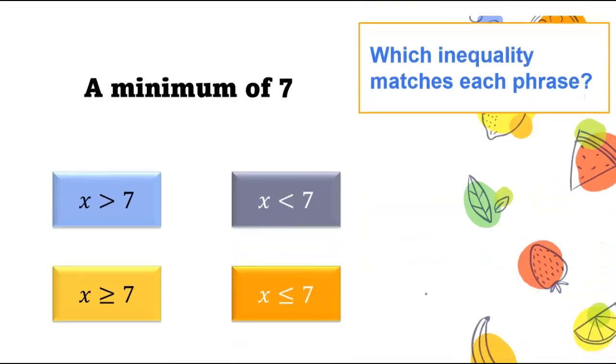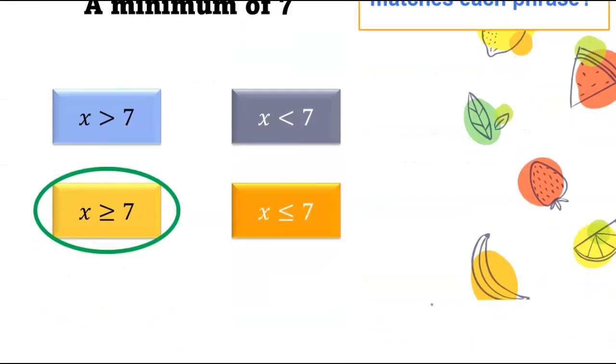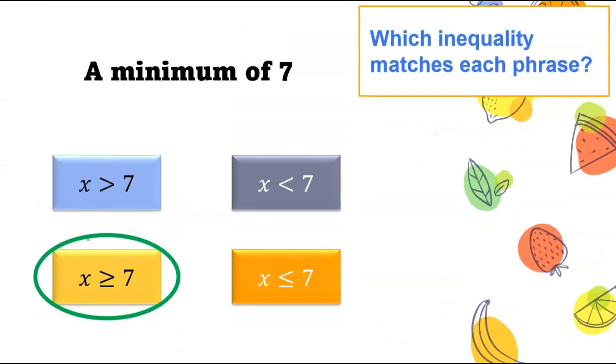Let's look at the next one. A minimum of 7. Which one of these shows a minimum of 7? Think about what minimum means. It is this one over here. So minimum means the smallest value, right? Smallest. So our alligator is going to ignore our small value. Alligator always wants to eat the bigger one. Chomp, chomp. So this side is going to be the bigger side.